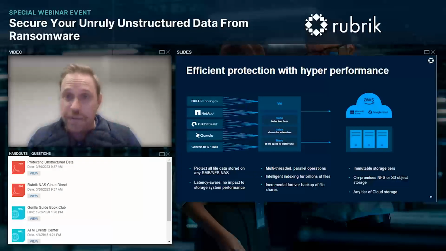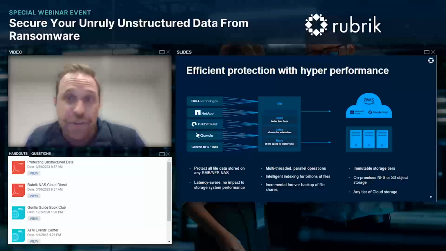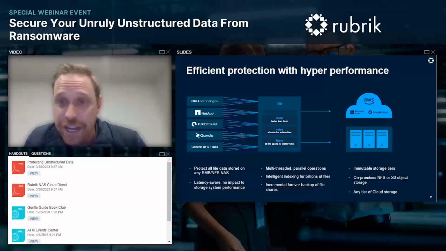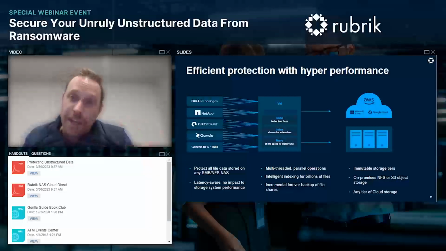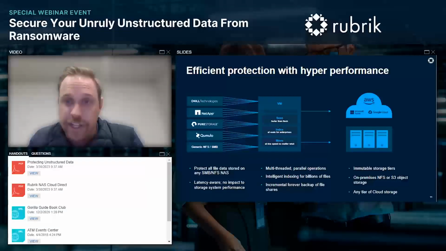So they write that one backup copy to on-prem object storage with a 30-day retention. They also write that same backup to AWS Glacier Deep Archive and have that retention for 15 years. So they know when they are recovering that data, they're recovering it more frequently from that on-prem object storage than they are from that cold archive cloud target.